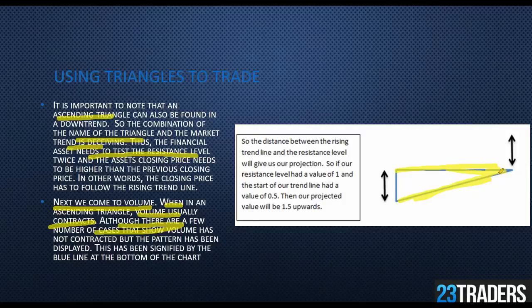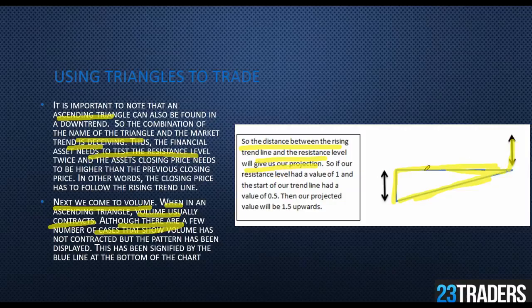So now you have 3 pieces of information to determine your triangle. The distance between the rising trend line and the resistance level gives us our projection, because this is going to give us a projection of where we can expect price to move. So at this point, if we get the breakout, this breakout should be equal in the distance of the third side of the triangle.